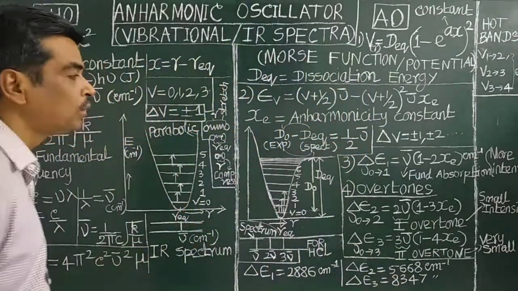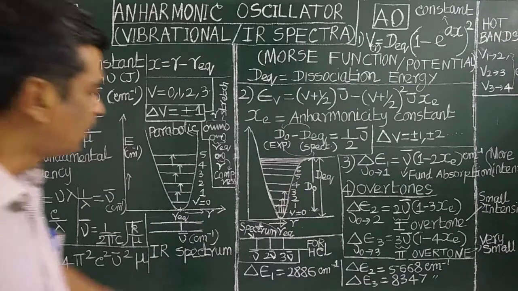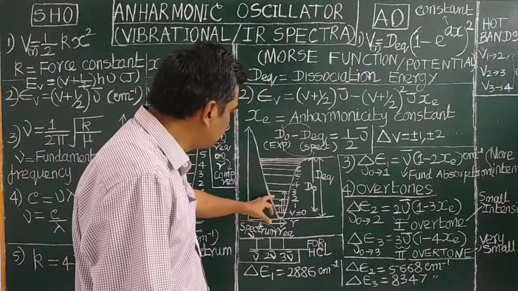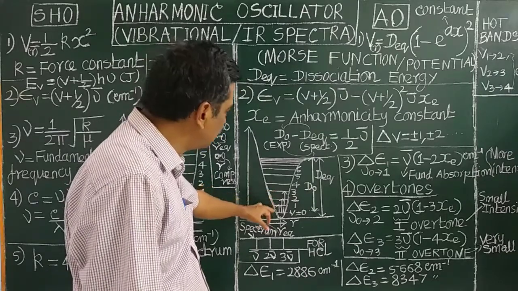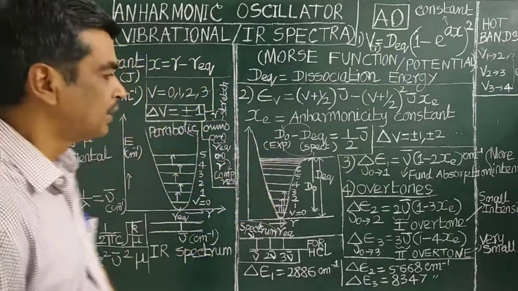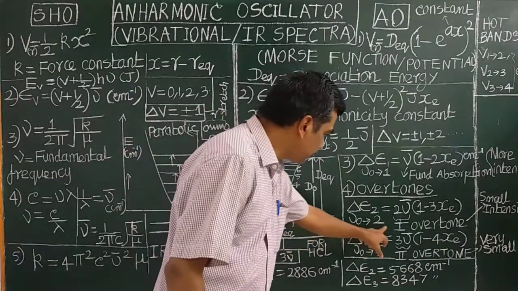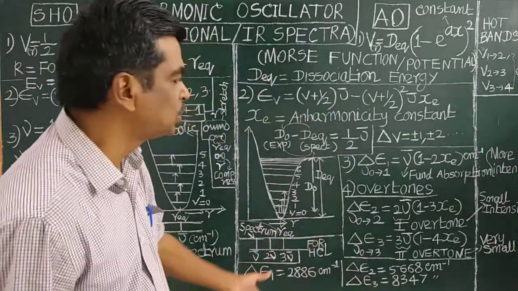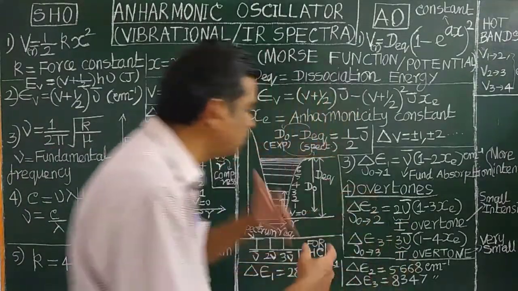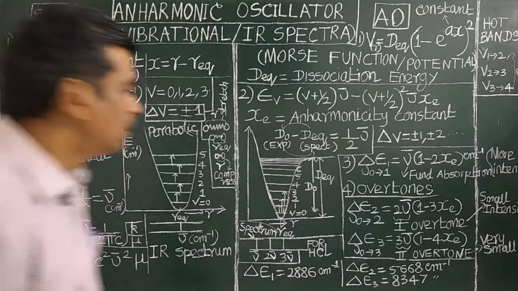What are called overtones? Overtones are IR transitions that arise due to 0 to 2, 0 to 3, 0 to 4, etc. The IR transition from 0 to 2 is called the first overtone, the transition from 0 to 3 is called the second overtone, and so on.